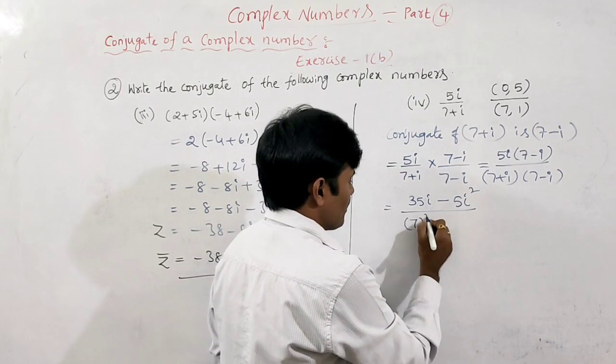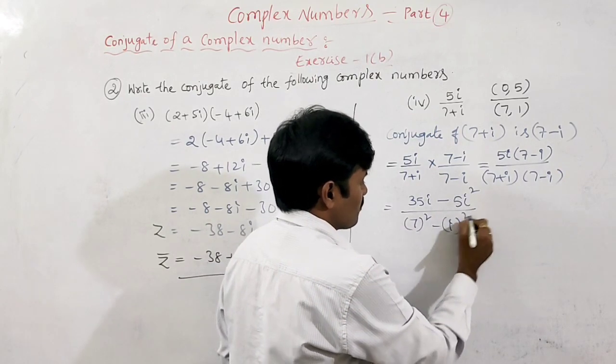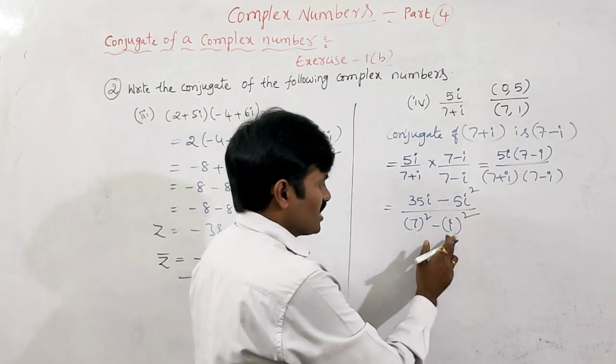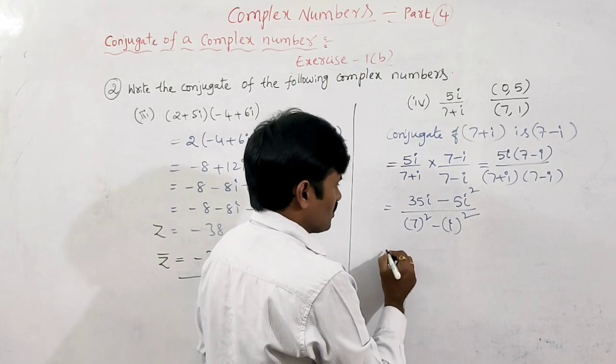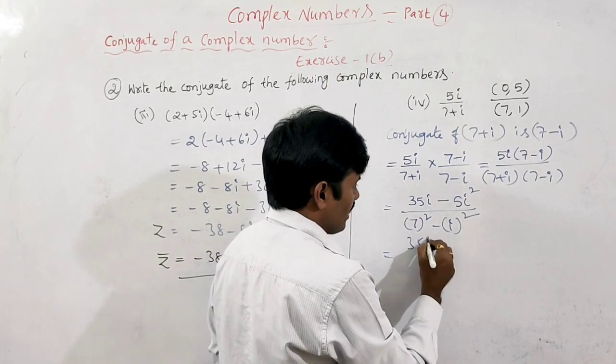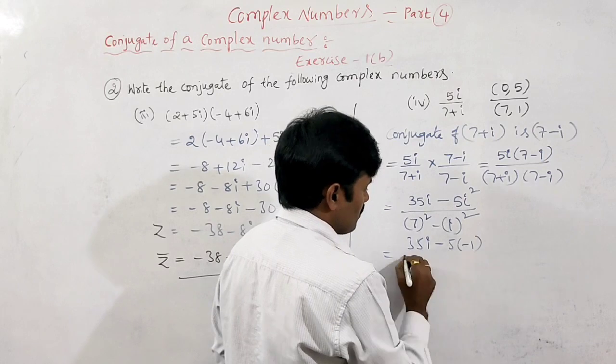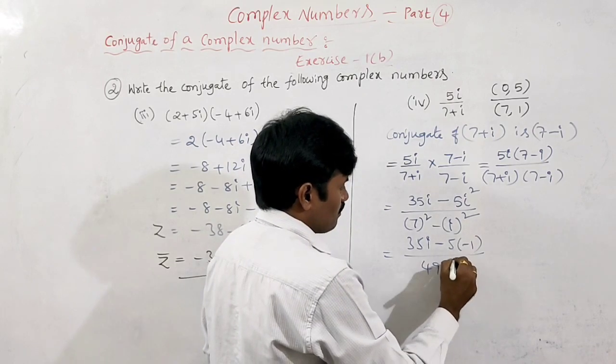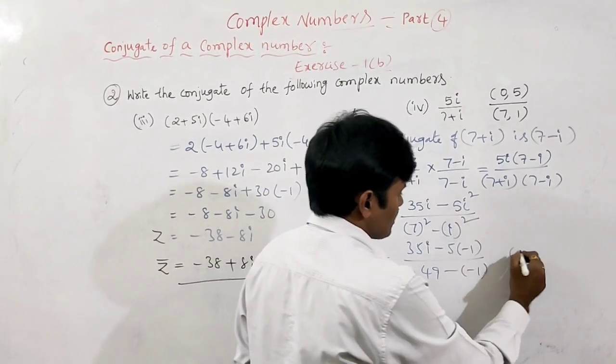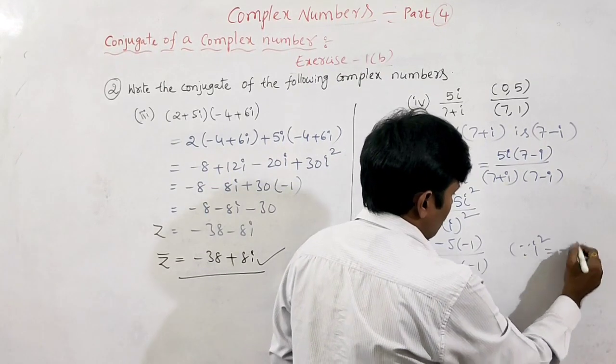So this can be written as 7 square minus i square, where i square value is minus 1. So this can be expressed as 35i minus 5 into minus 1, whole by 49 minus of minus 1, since i square value is minus 1.